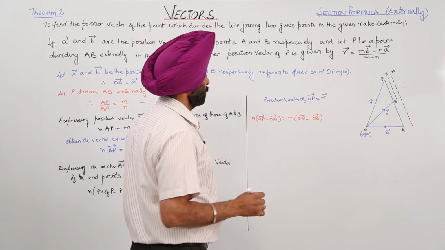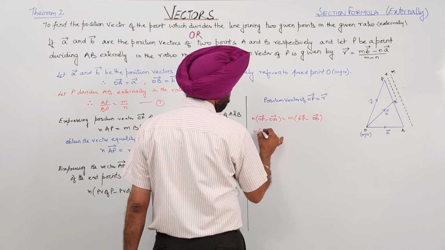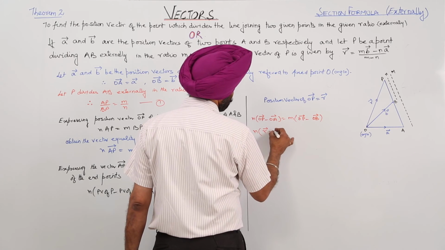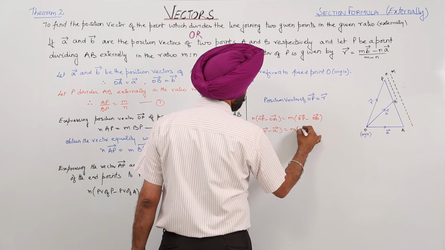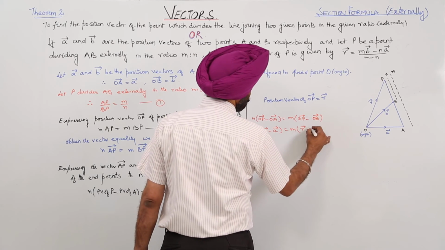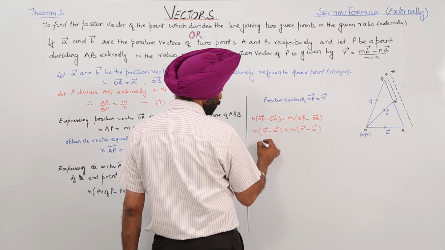Now putting the representation, we have n times vector R minus vector A and m times vector R minus vector B. Now, on solving, what are we getting?